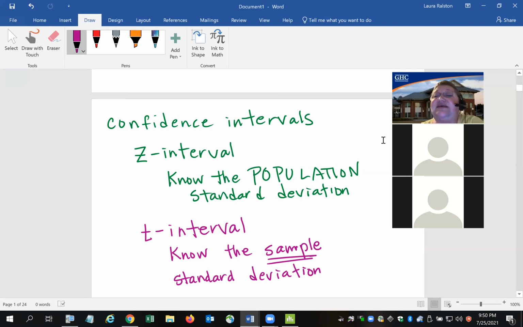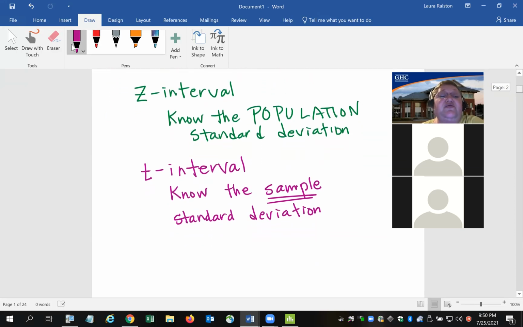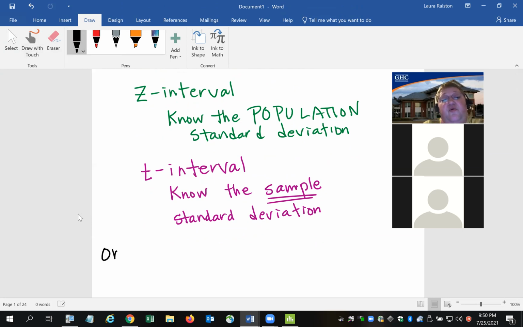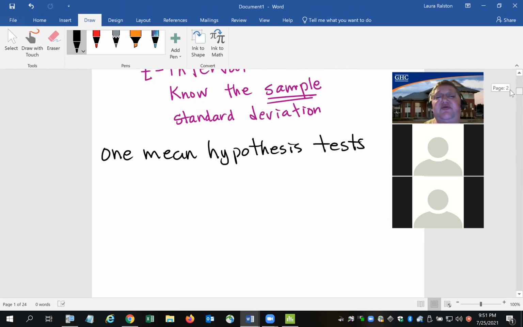Now, this same pattern holds true when you're thinking about one mean hypothesis test, which also was covered in the second half of Module 3. And again, there are two of those.